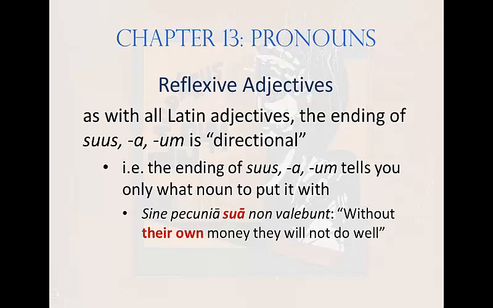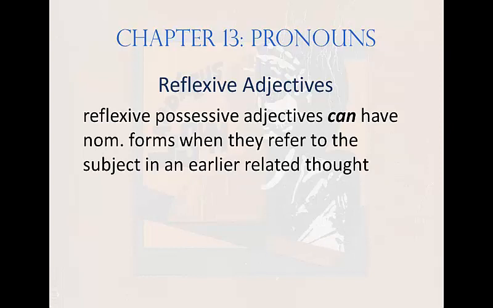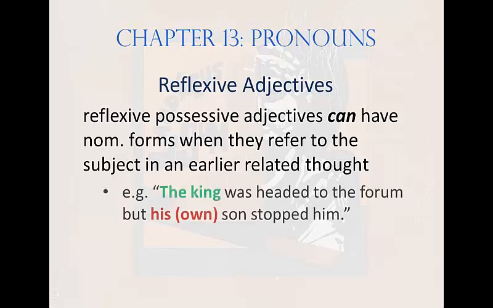But reflexive possessive adjectives are different from their pronoun counterparts in one surprising respect. They have nominative forms, and that's because they can refer to the subject of a previous thought. For instance, the king was headed to the forum, but his son, meaning his own son, stopped him.